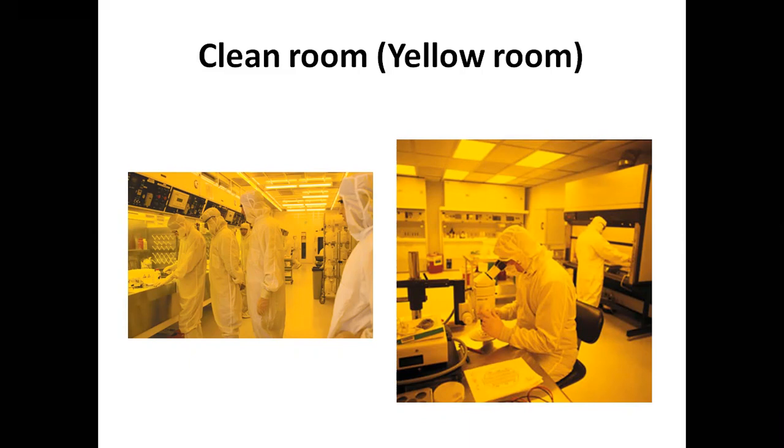No sunlight can enter inside the clean room because sunlight also contains the ultraviolet radiation band and it could ruin your fabrication process. So it is a complete dark room. You have to only use the clean room yellow lights to see and do the fabrication.